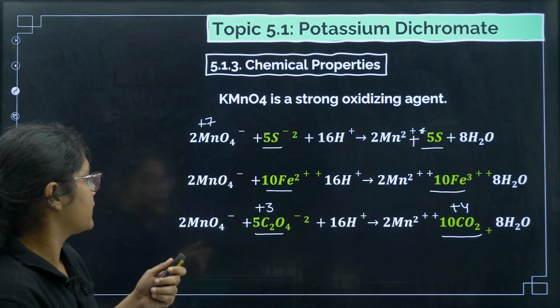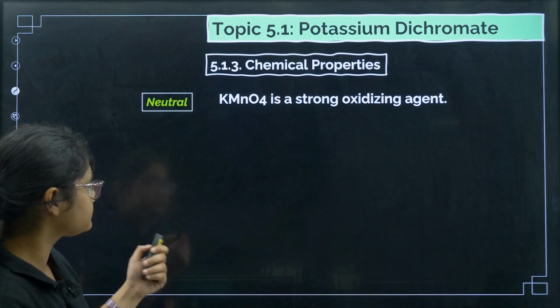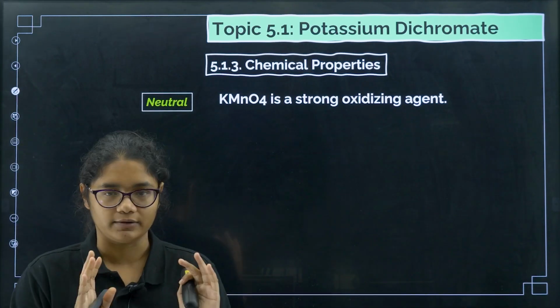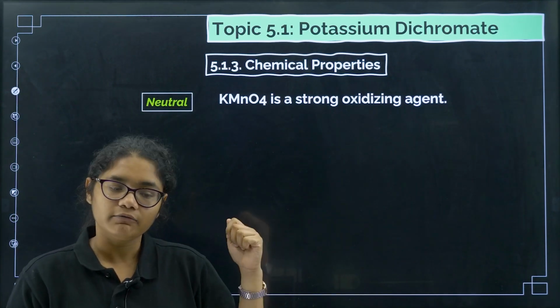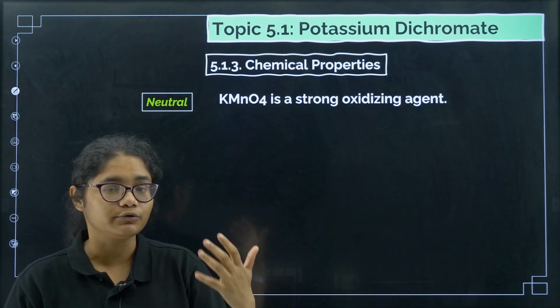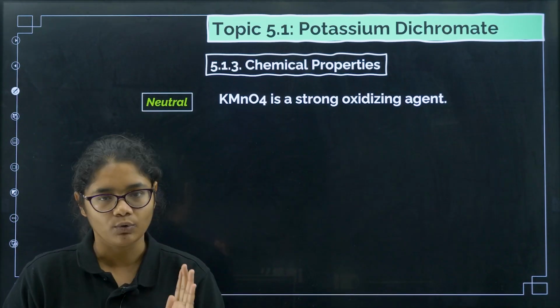Okay, now if the medium is neutral. We have seen what changes happen in acidic medium. We have seen that for manganese in neutral medium it gets converted to MnO2, right?